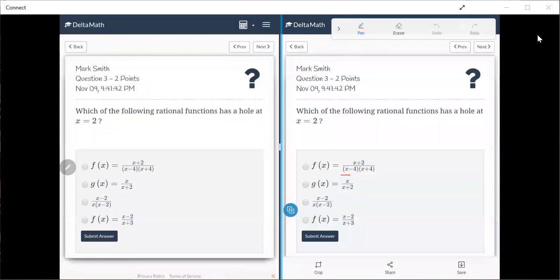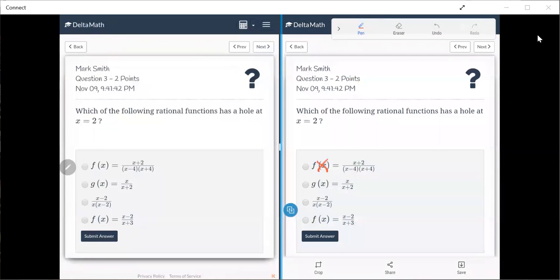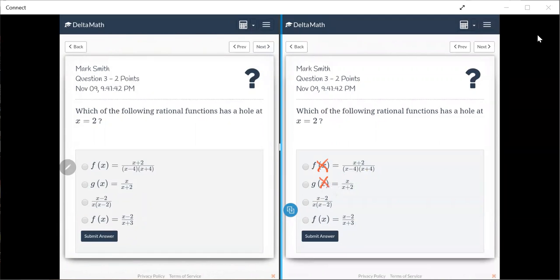If we look here, is there anything to cancel out? No, so that can't be right. What about here? X does not cancel into x plus 2. But here we have x minus 2 on the top and the bottom.